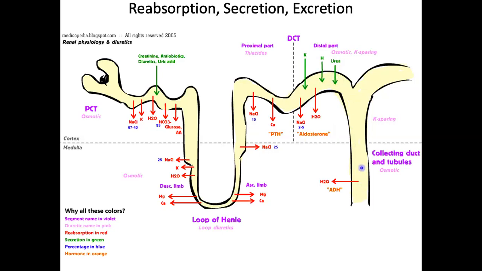Then the collecting duct, which is shared by many nephrons, is under hormonal regulation as well, under antidiuretic hormone. Antidiuretic hormone is released when blood particle concentration is high, so greater than 0.9%.